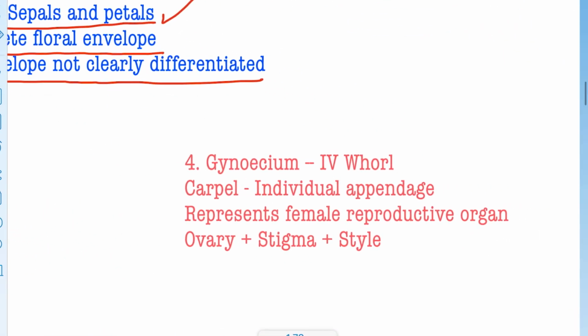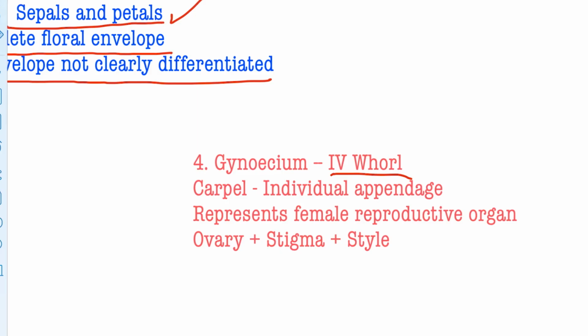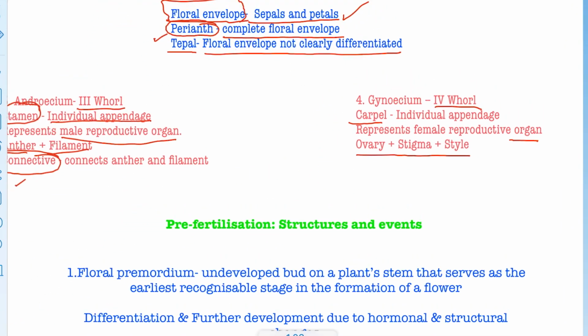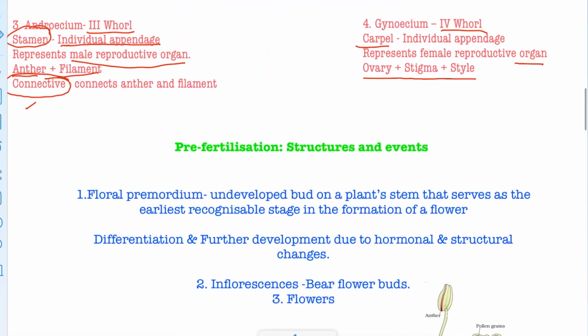The fourth one is gynoecium. Gynoecium is the fourth and last whorl, inner to the androecium. If an individual appendage is present, it is known as carpel. It represents the female reproductive organ. It consists of three distinct parts: ovary, style and stigma. I hope this is clear to you all.